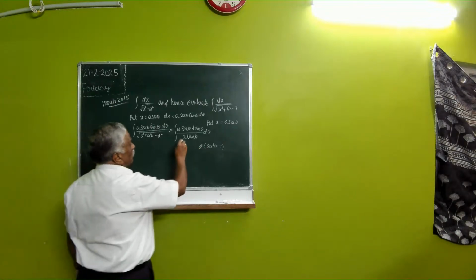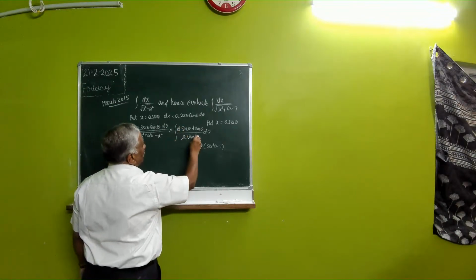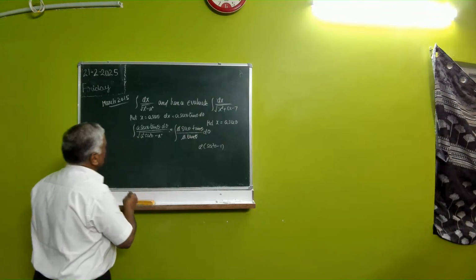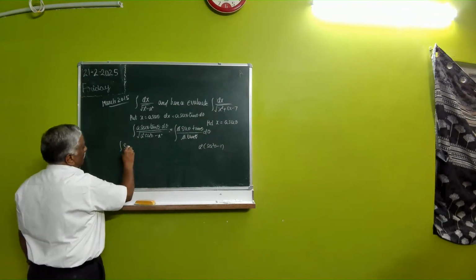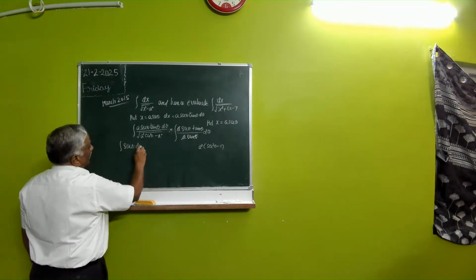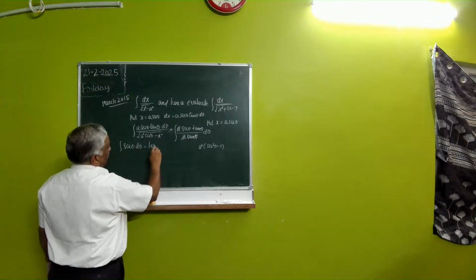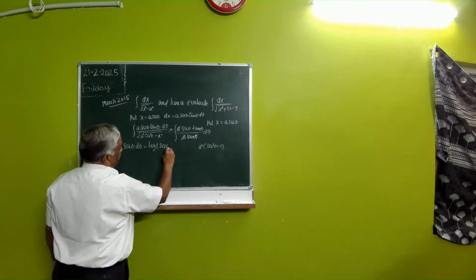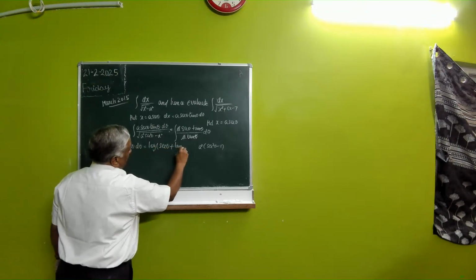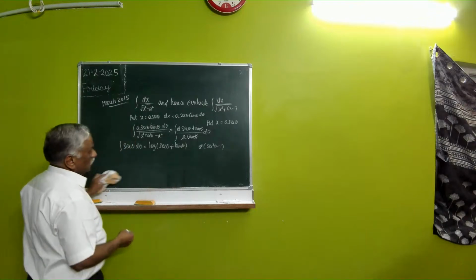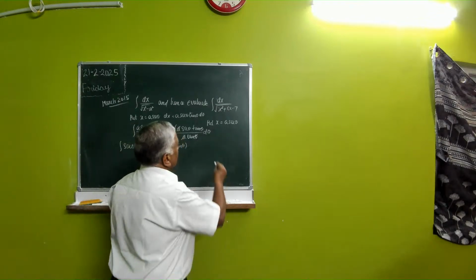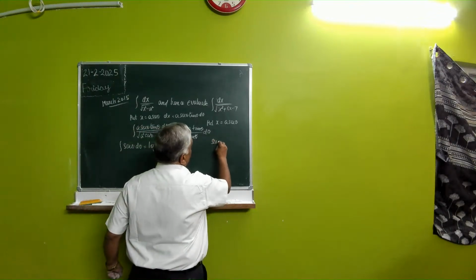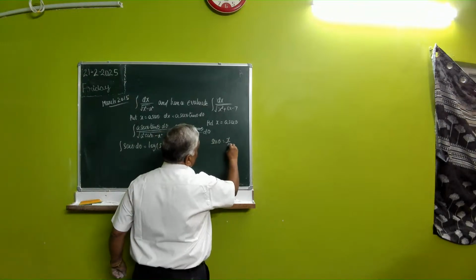Root of that, so root will go, so a and a will cancel. You get tan theta. Same as the previous problem, secant theta d theta. That is log of secant theta plus tan theta. Now, here secant theta is equal to x by a.